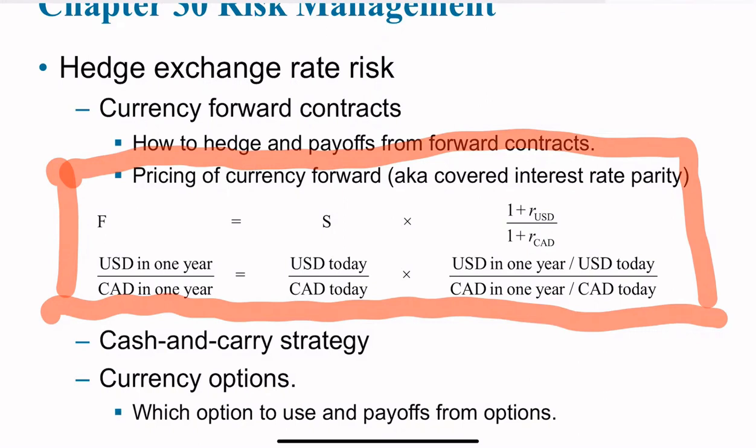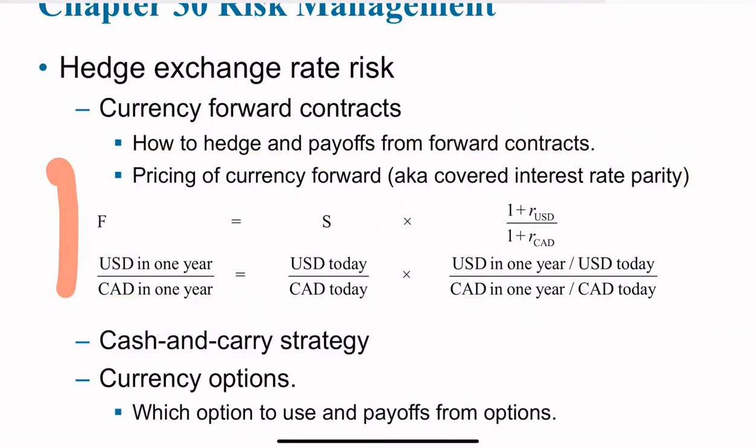First, this formula can be used to tell you what the fair price for the forward contract is. That is, you can use the formula to find out F. And this is called covered interest rate parity because it is related to the interest rates of these two different currencies.